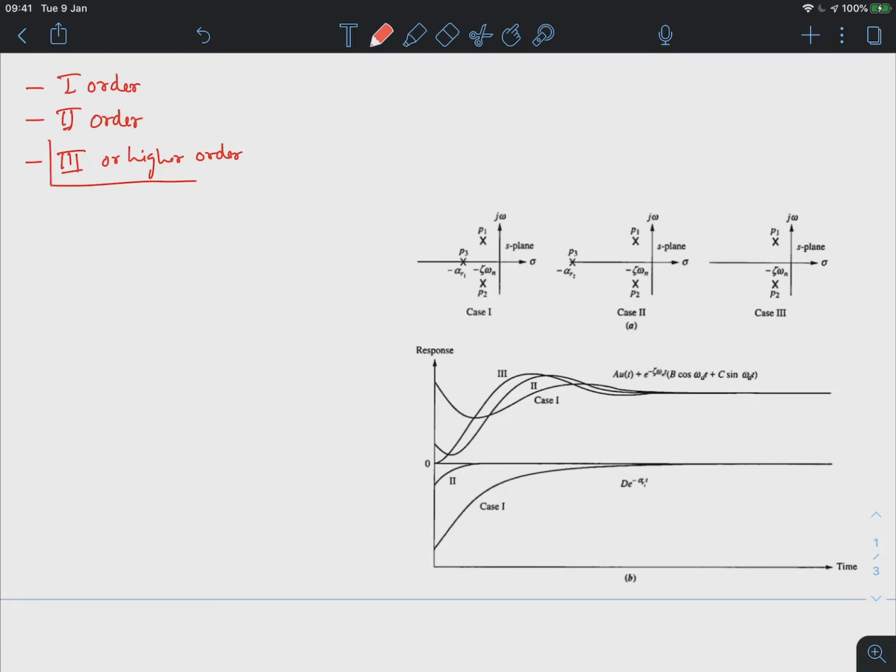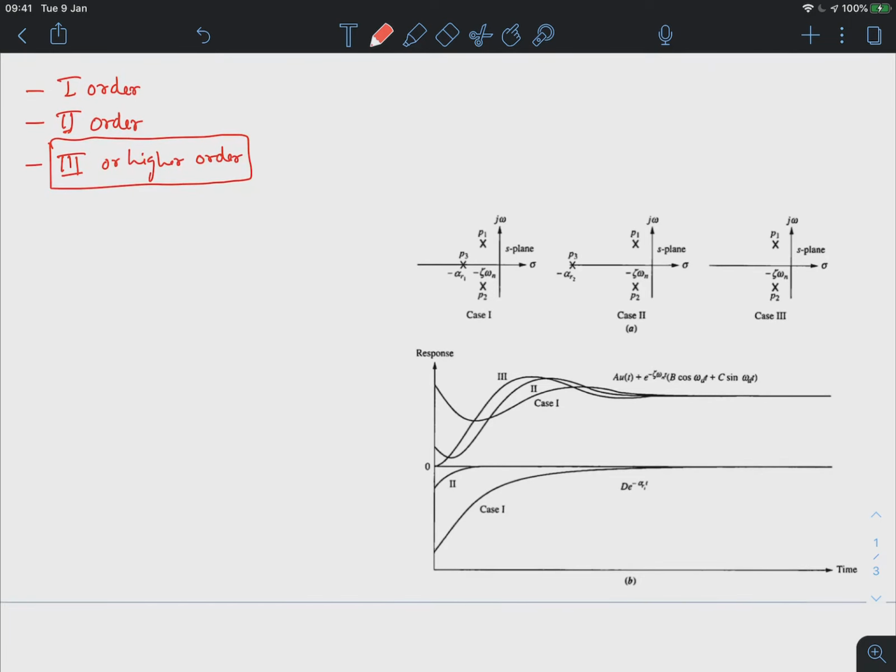So particularly for dealing with third or higher order systems, we introduce the concept of the dominant poles, meaning that if you are given a third order system, then it can be approximated as a second order system that has just two complex dominant poles. The third pole won't be much dominant in impacting the behavior of the system.